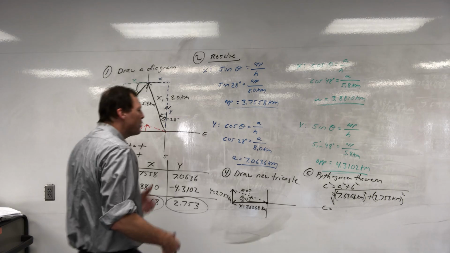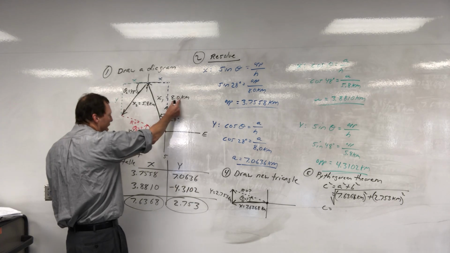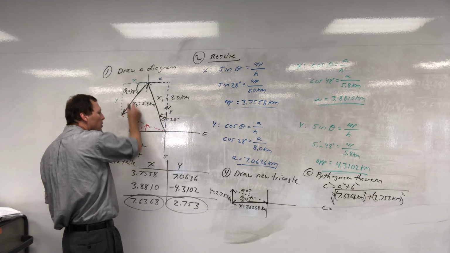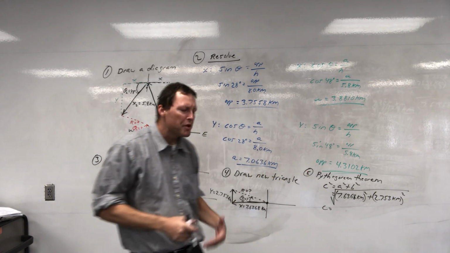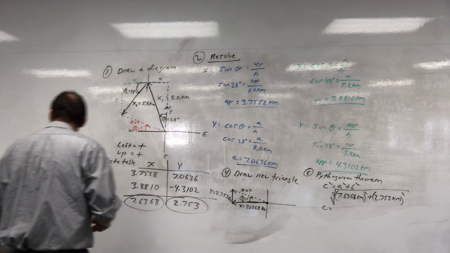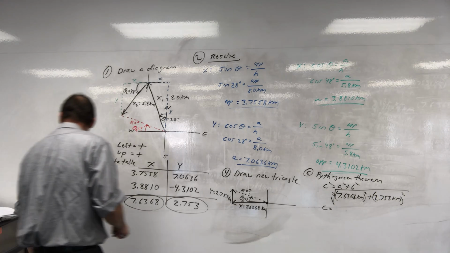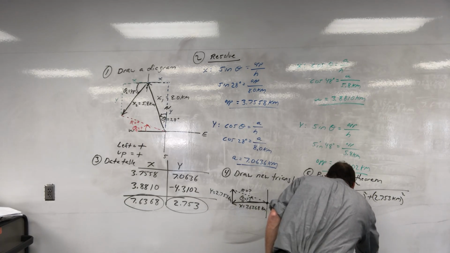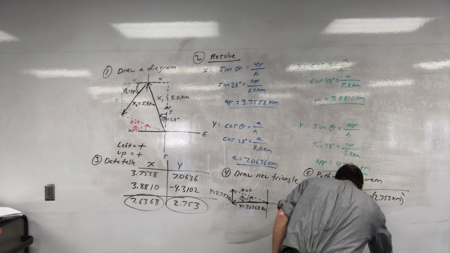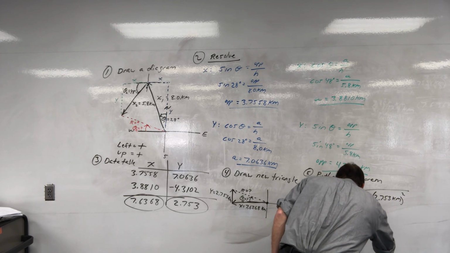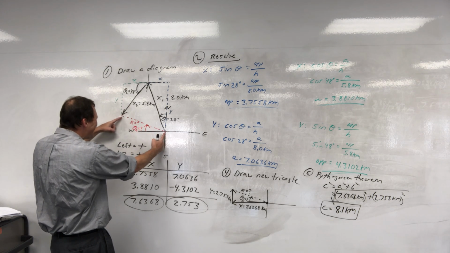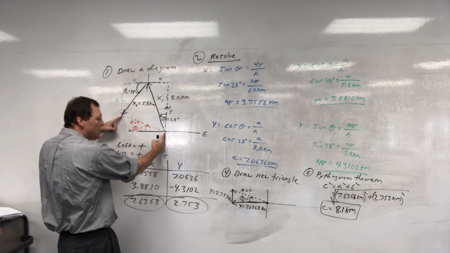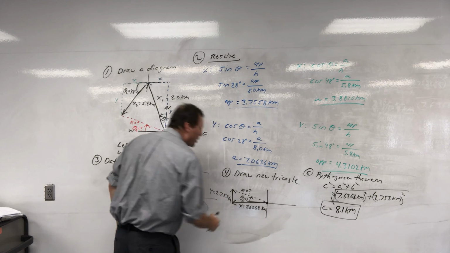And then I'm going to round off to 2 significant digits because I've got 2, 2, 2, 2. This is all multiplication and division, so we'll go to those rules. So I'm going to end up with 2 significant digits. And when I do, it rounds off to 8.1 kilometers. I'm going to put a box around that. So from here to here, that's 8.1 kilometers. Or from here to here, 8.1 kilometers.